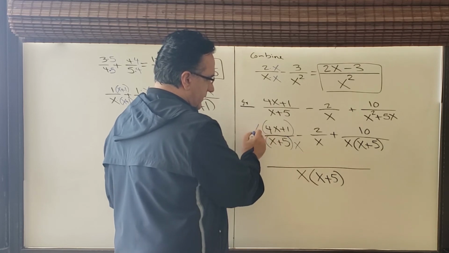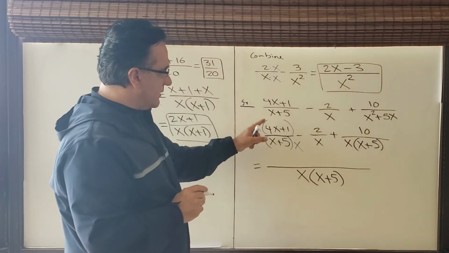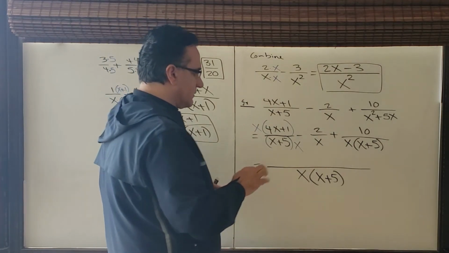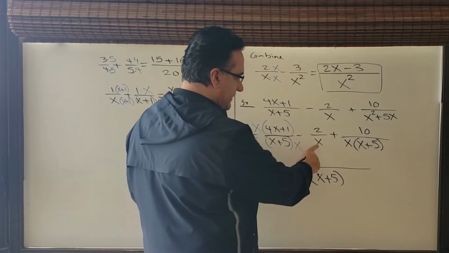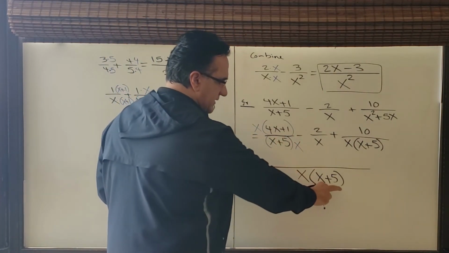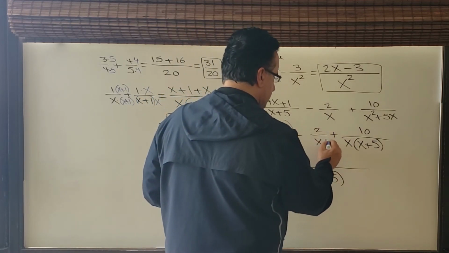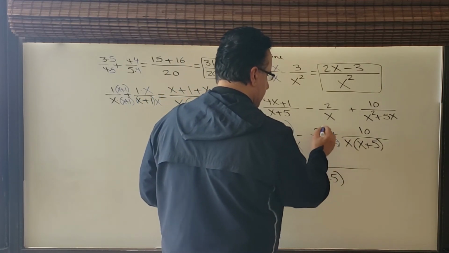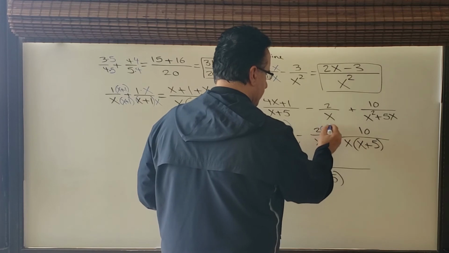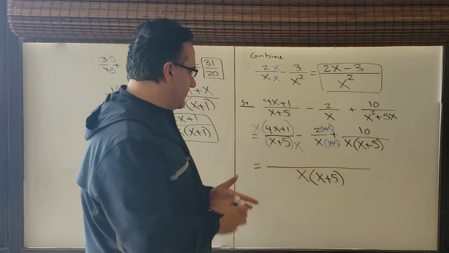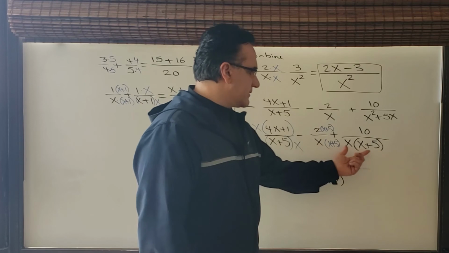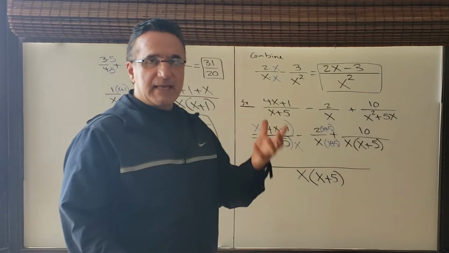Let's go ahead and write it on the left side just to be safe, because we're going to have to distribute that later. So let's just keep it like that. And then this denominator here is missing a factor of x plus 5, so we'll go ahead and bring in an x plus 5. Now you notice all three denominators are what? The same, which is exactly what we want.